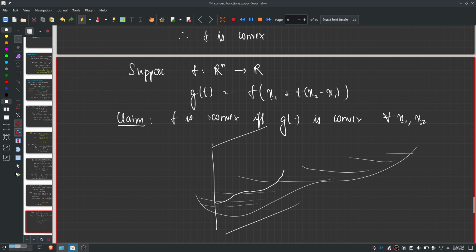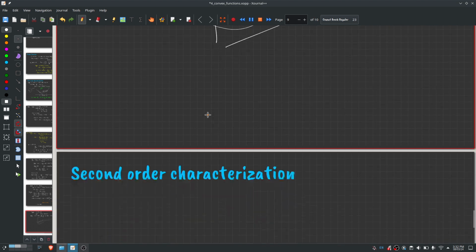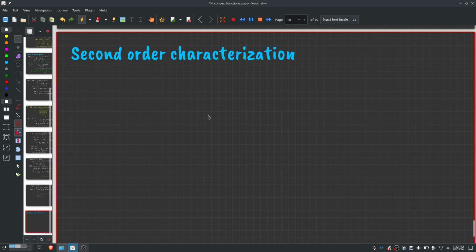So in some sense, this is a zeroth order condition for convexity. What we saw previously, if the function has a derivative and we have f of x2 greater than or equal to f of x1 plus gradient times x2 minus x1, then that's what is called a first order condition for convexity. We also have a second order condition for convexity.